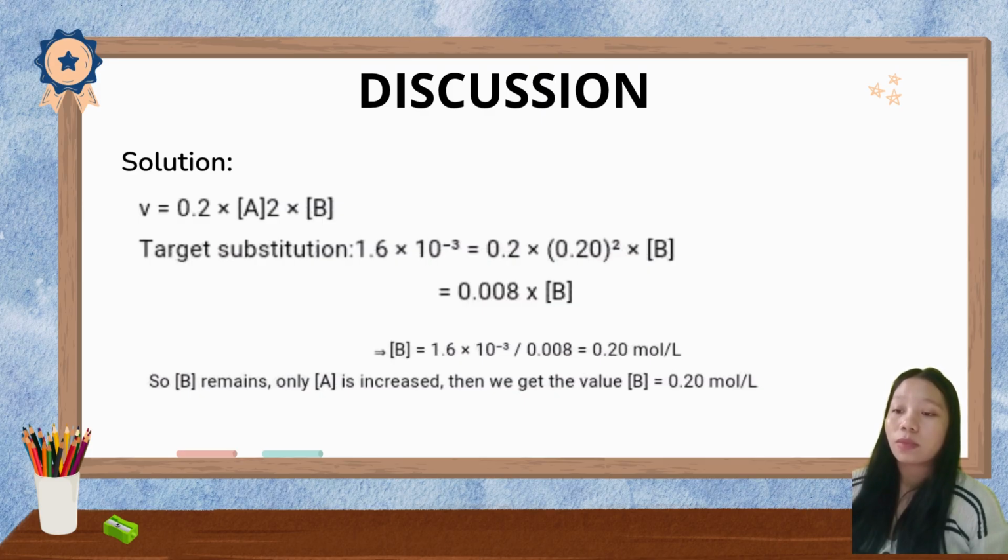So concentration B remains the same; only concentration A is increased, and the value of concentration B is 0.20 mole per liter.